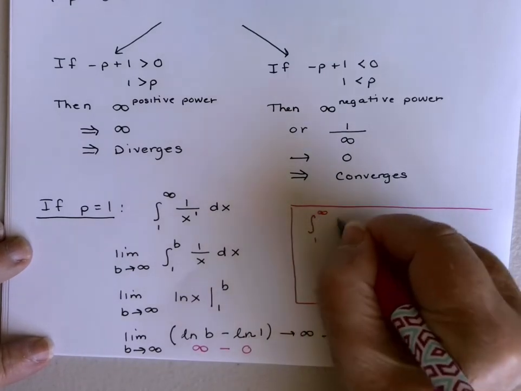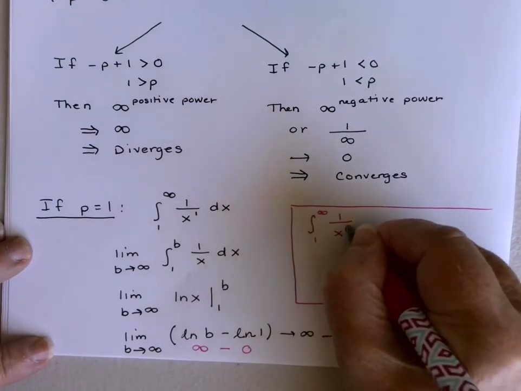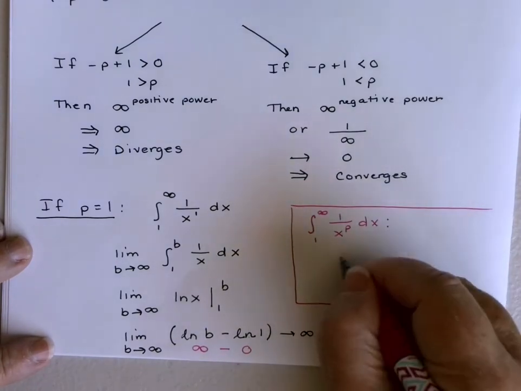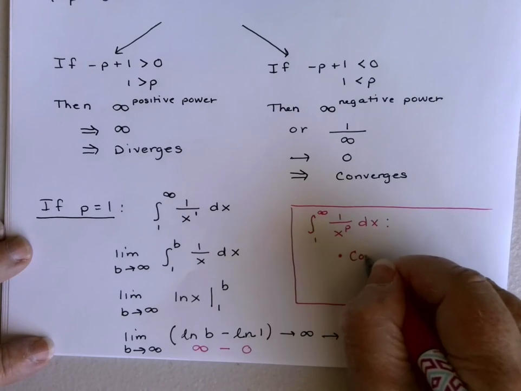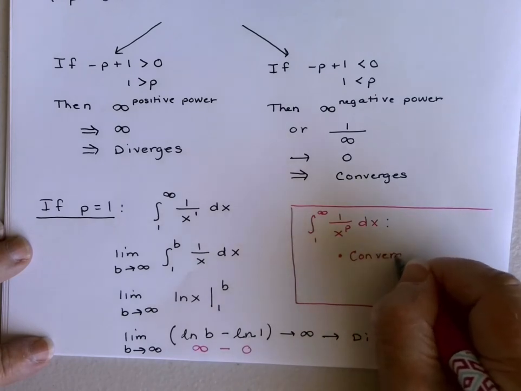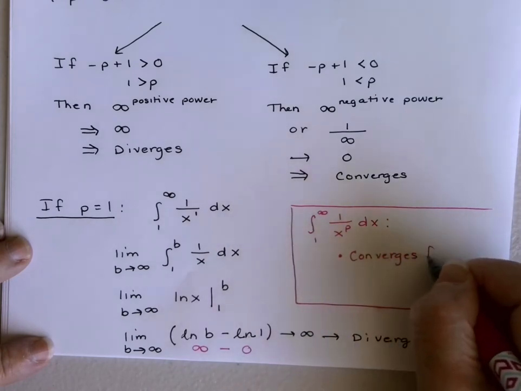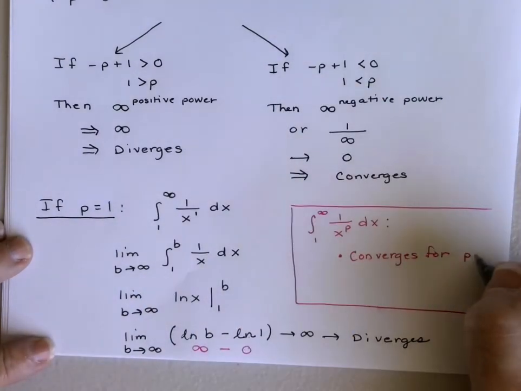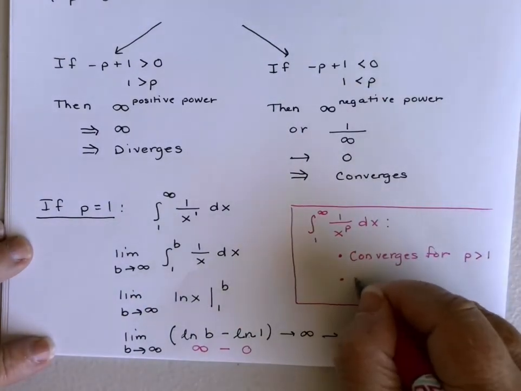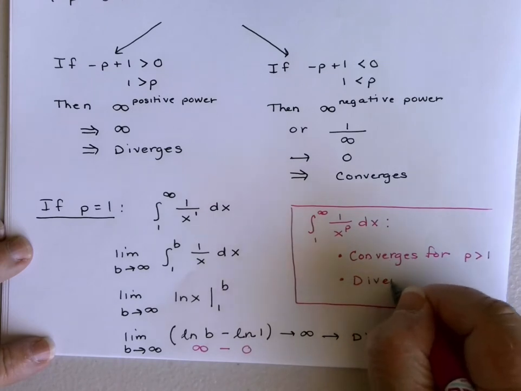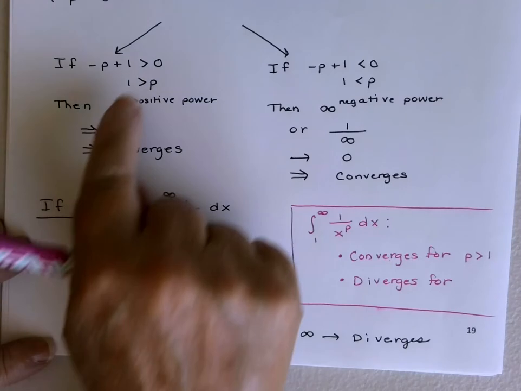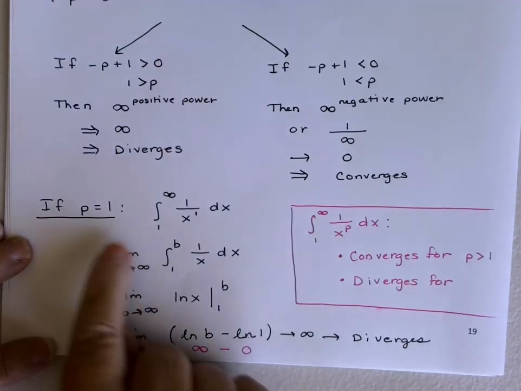The integral from 1 to infinity of 1 over x to the p dx converges for p greater than 1, and diverges for p less than or equal to 1.